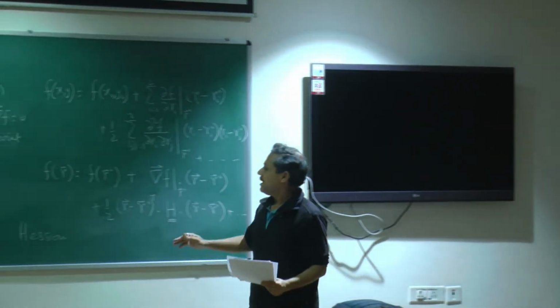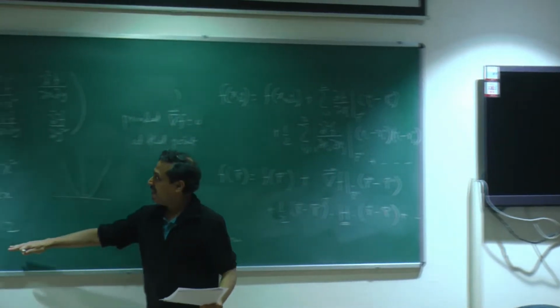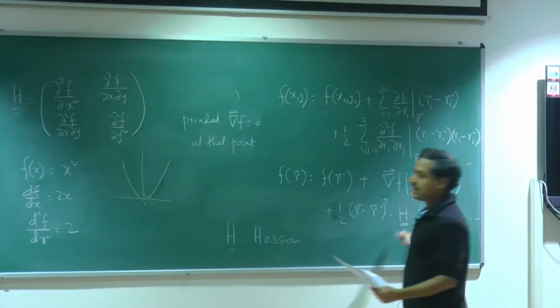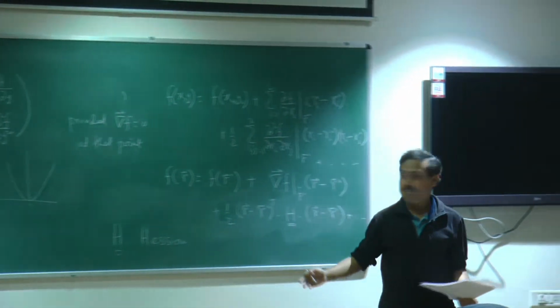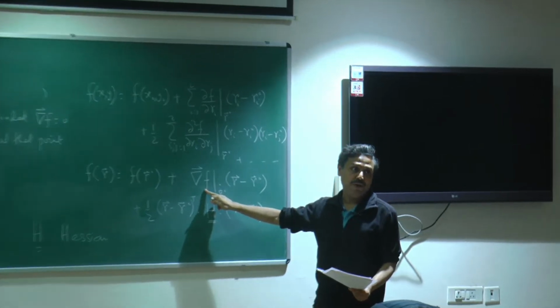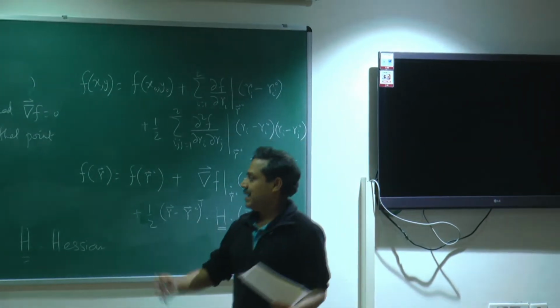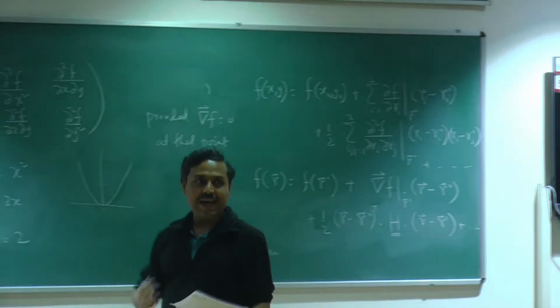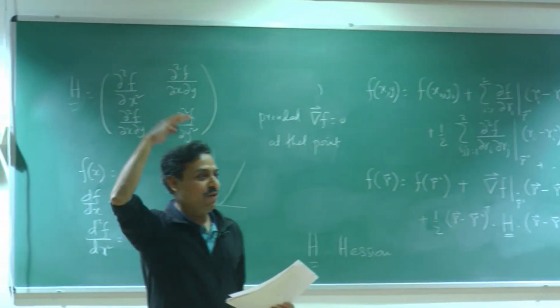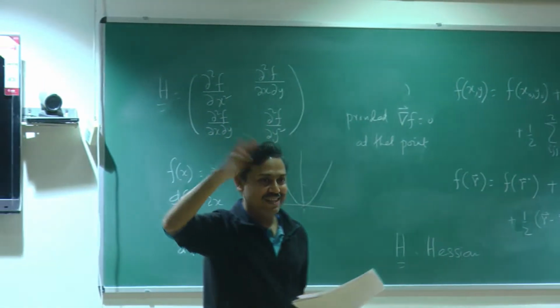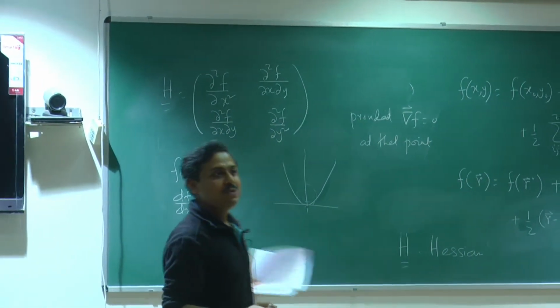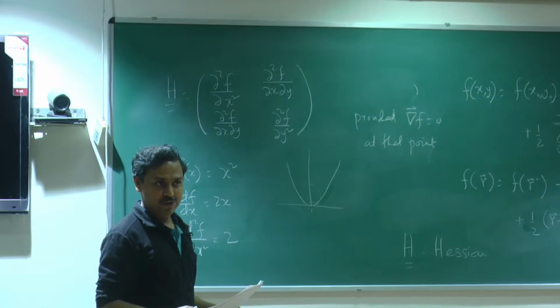In other words, this quantity is definitely the curvature, provided that the gradient goes to 0 at that point. Okay. So that's a subtlety, and I hope that subtlety is always in your mind, and you remember that this is from a very simple functional form. That should be clear to you.